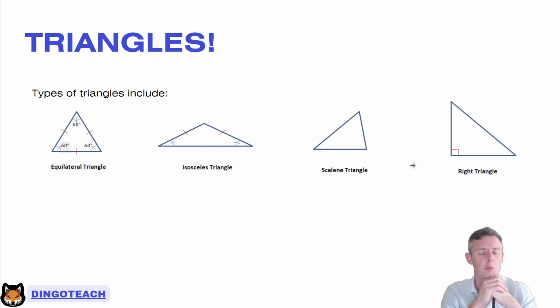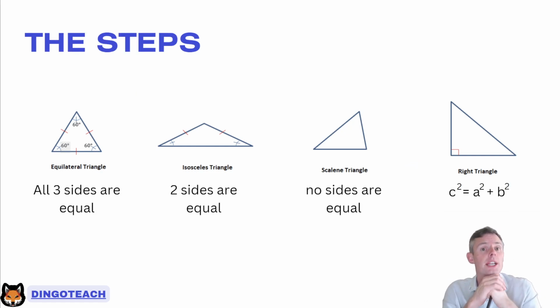So how do we figure that out? Well, that's when we bring in Pythagoras. So our steps are check if all three sides are equal, check if just two sides are equal, check if no sides are equal, and check if the third side squared is equal to the first squared plus the second squared.